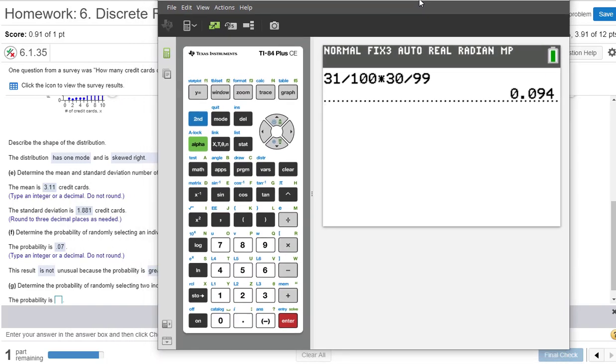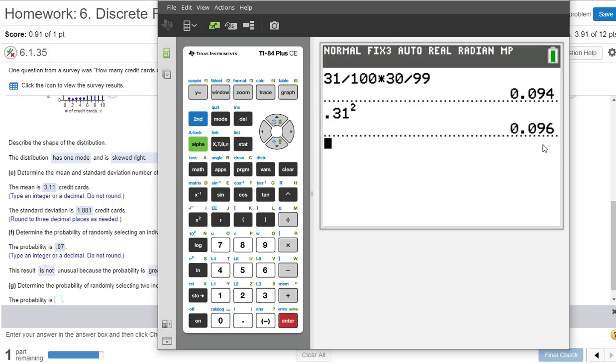Now I'll be honest, when I first did this one, the numbers were big enough that I just assumed independence. So I just did 0.31 squared. So 0.31 times 0.31, and it's pretty close, 0.096 and 0.094. So if this were not a MyStatLab question, I would give you perfect credit for this.